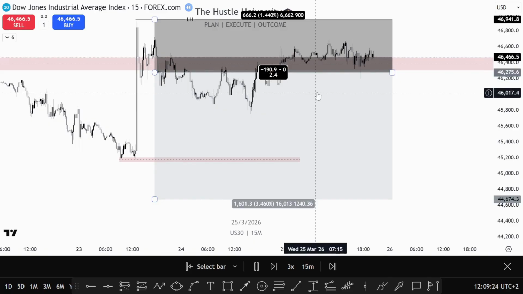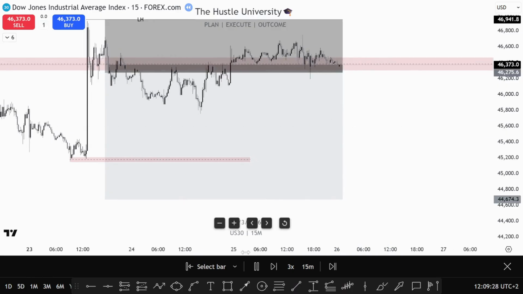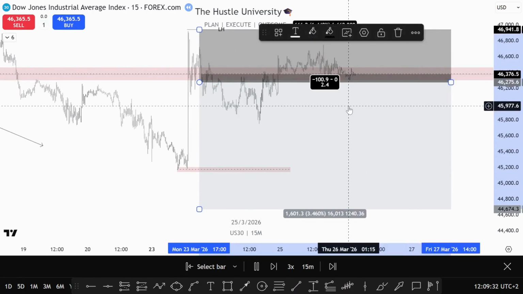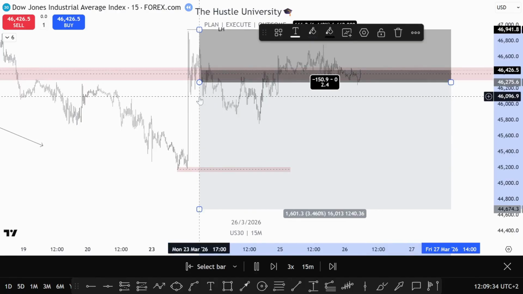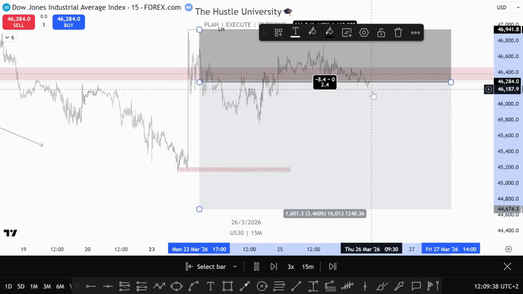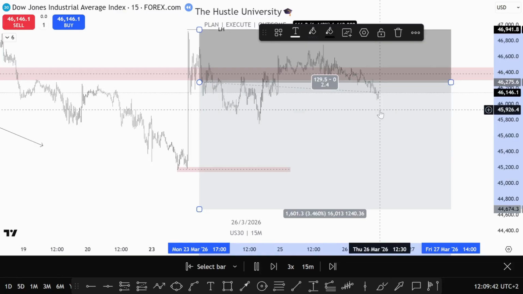Because as this was unfolding, it took about 3 days before price started to actually drop. From Monday you could have got this, and then it's already Thursday, and from Thursday that's when price started to fall to the downside.